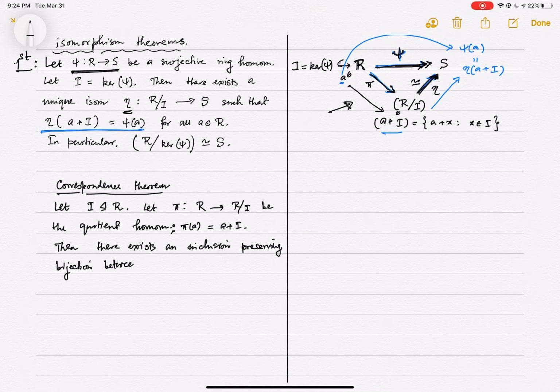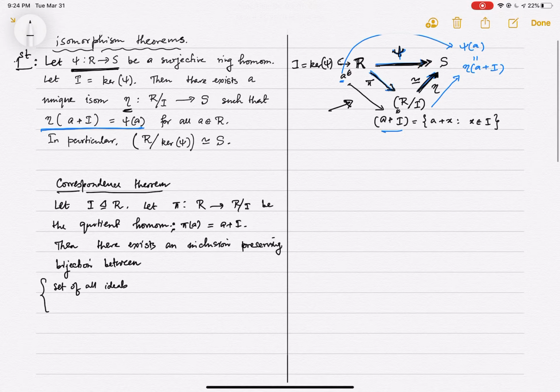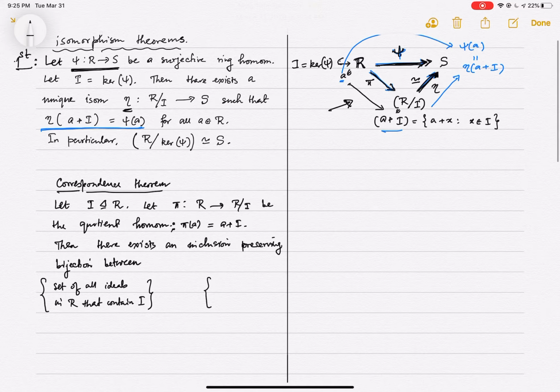between two sets. And I'll write the sets just in words. On the left hand side you have the set of all ideals in R that contain your given ideal I. And on the right hand side you have the set of all ideals in the quotient ring R mod I. There is a one-to-one correspondence between these two sets, and I can tell you what the one-to-one correspondence is.